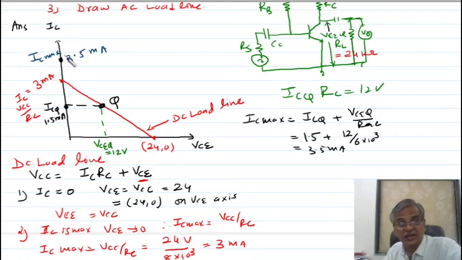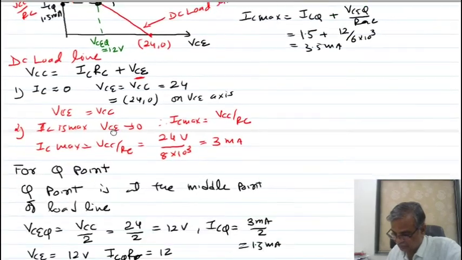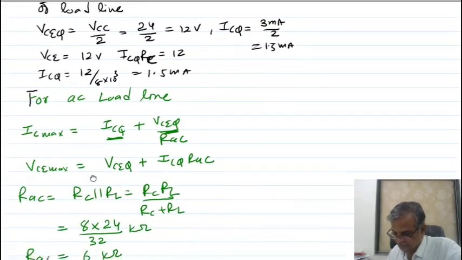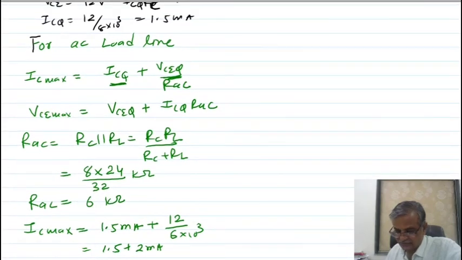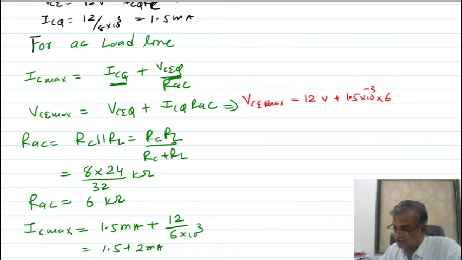Now second, I have to calculate VC maximum. In this equation, let me put the values: VC maximum is VCQ, 12 volt, plus ICQ, 1.5 milliampere, times RAC, 6 kilo ohm.